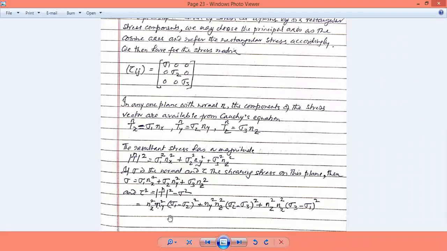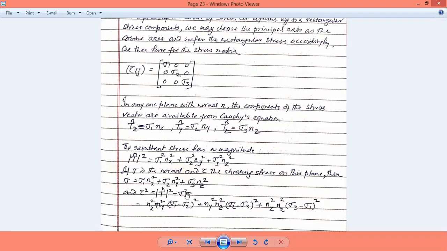So tau squared will be found by putting in the values of sigma, squaring, and then putting everything together, and this will take this particular form. So Tn squared is equal to this equation, and sigma is equal to this equation.